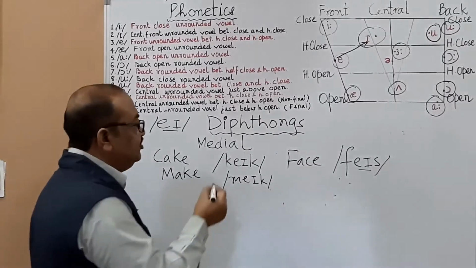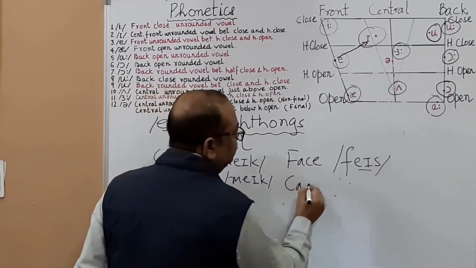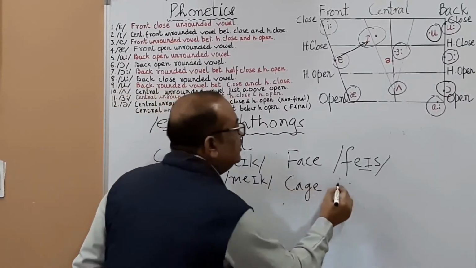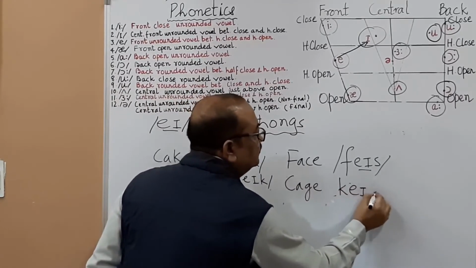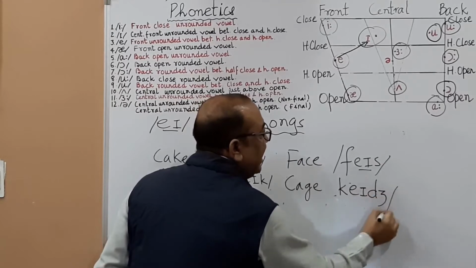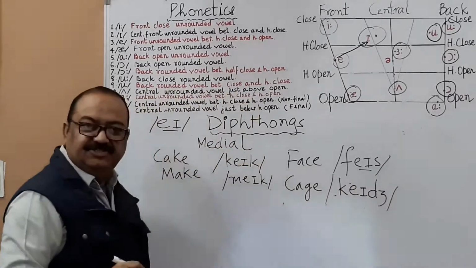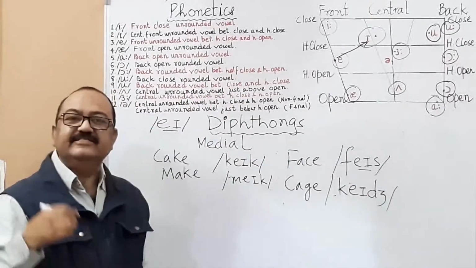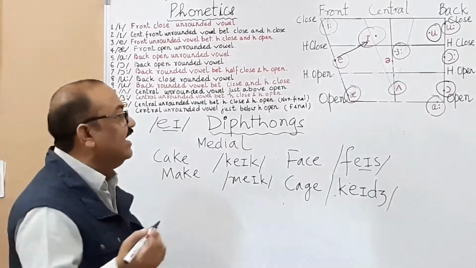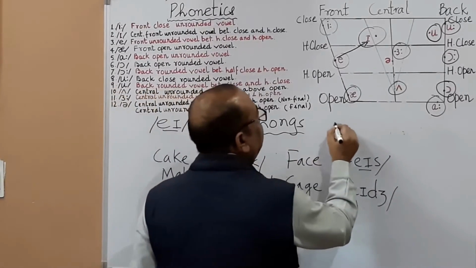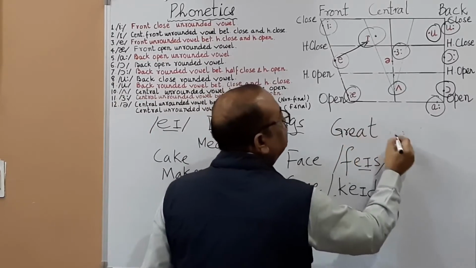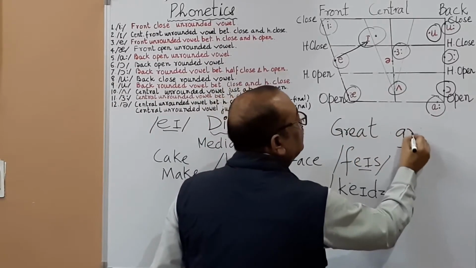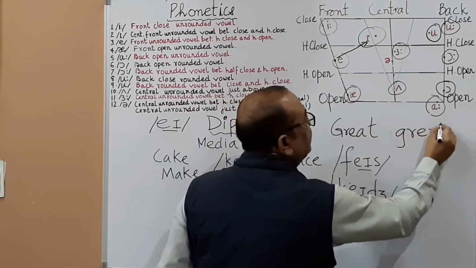Good. So you like this? Cage. And say great. How do you write great? Great.